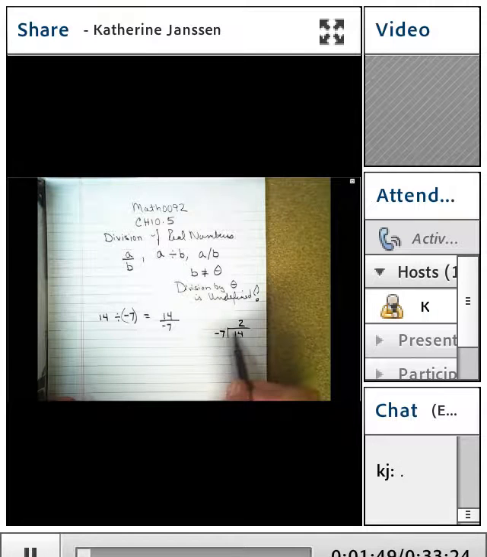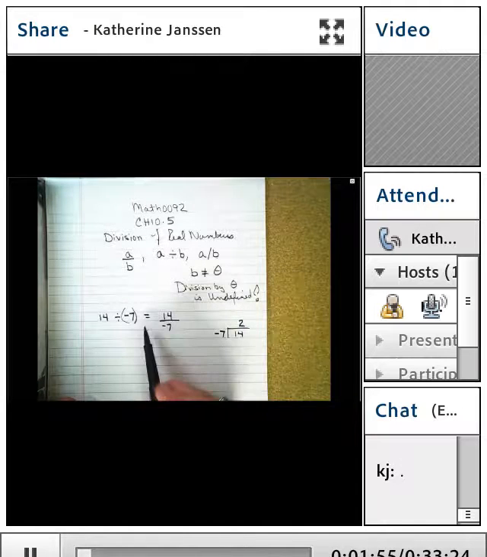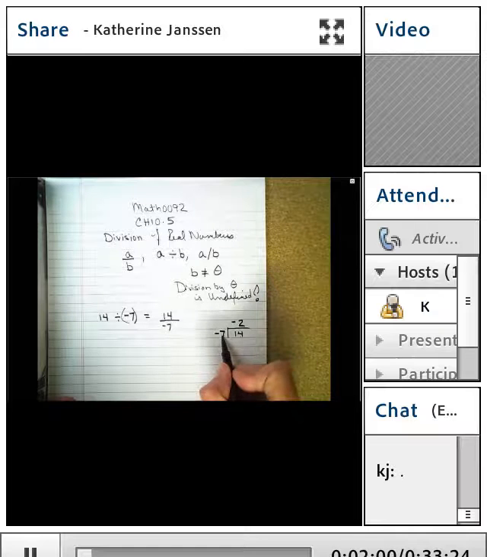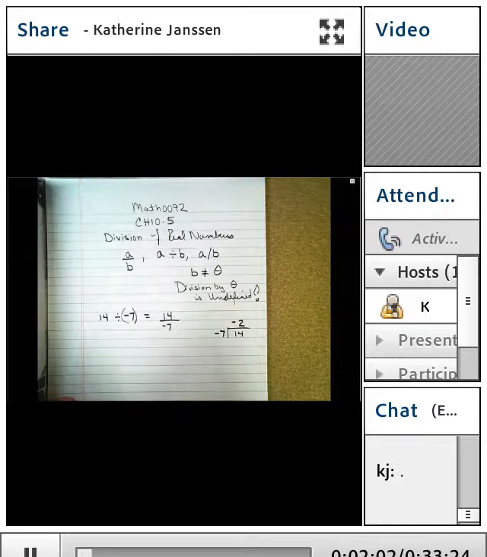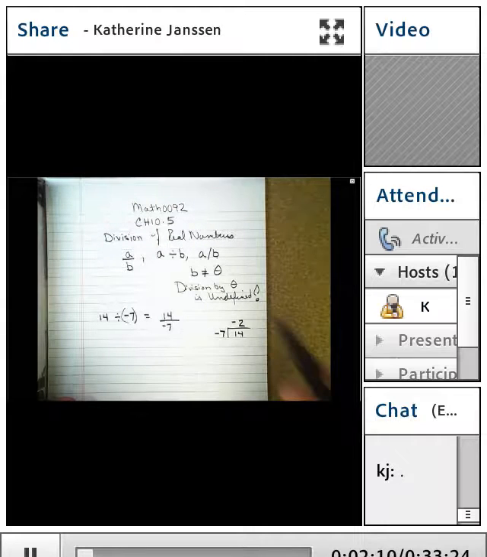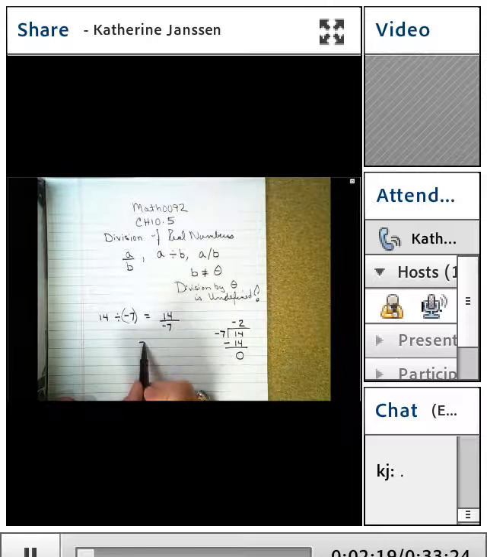Two times a -7, we're looking for 2 times 14. That'd be -14. So we need to have a -2 times a -7. We need to have a positive 14. So a -2 times a -7 would be positive 14. But then we subtract and get a remainder of 0. So -7 goes into 14, a -2 times.